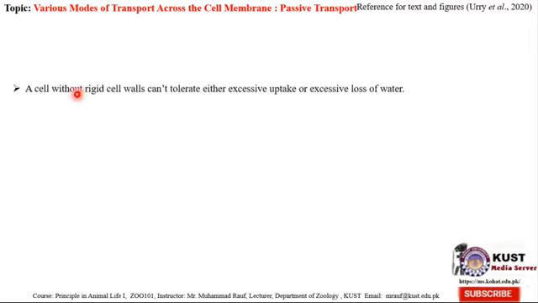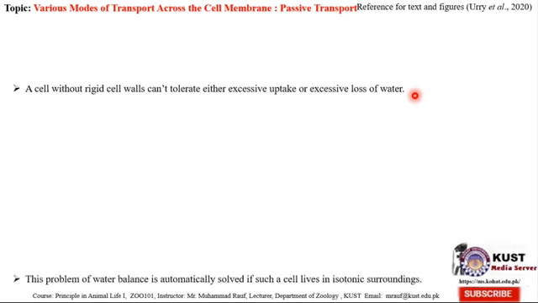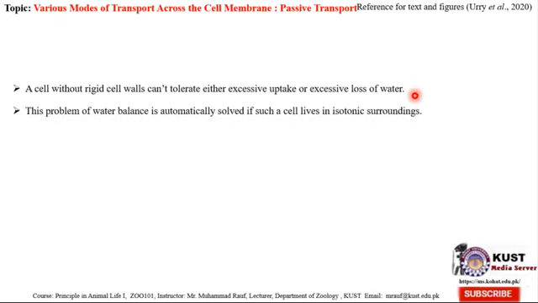So a cell without rigid cell walls cannot tolerate either excessive uptake or excessive loss of water. So both hypertonic and hypotonic environments pose problems to cells lacking cell walls. This problem of water is automatically solved if such a cell lives in an isotonic environment.